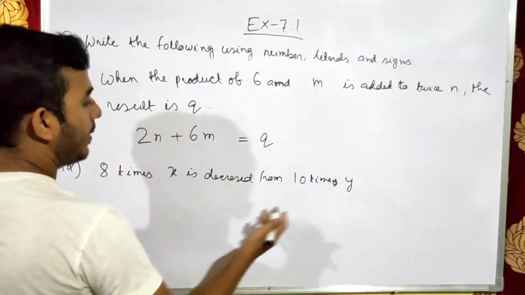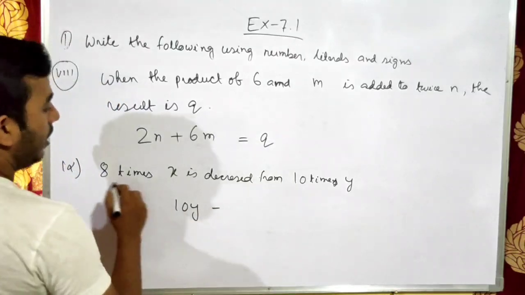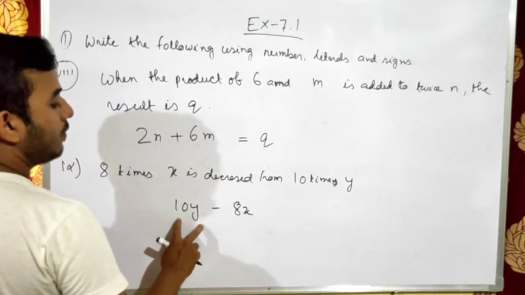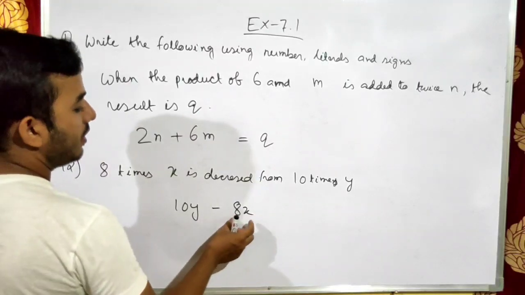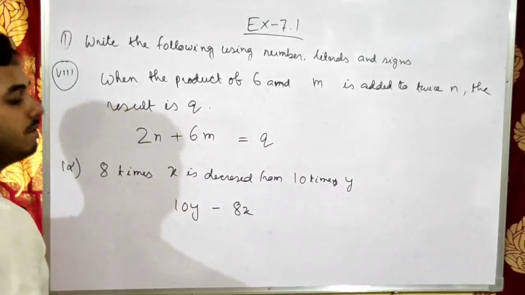Subtracted. 10 times y means what? 10y. 8 times x means what? 8x. So 8x is subtracted from 10 times y, that is 8x is decreased from 10y. Okay, finish.